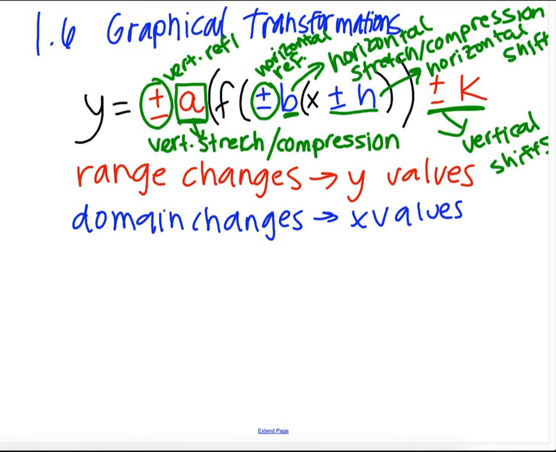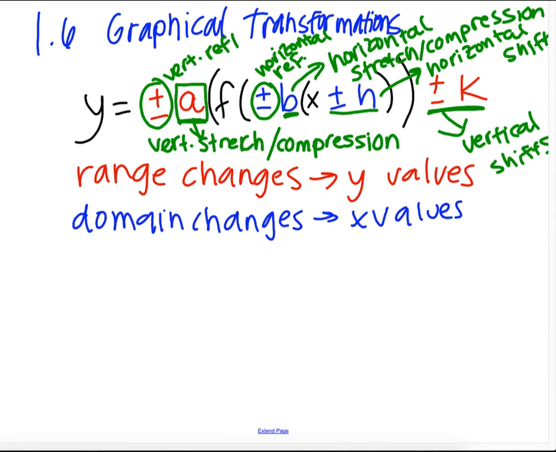I know it's all crammed in there, but I can see what each little part is. If you're multiplying by something, it's going to stretch or compress it, horizontally or vertically. If you're adding or subtracting something, it's going to shift it horizontally or vertically. And if there's negatives out in front of those stretches and compressions, it's going to do a flip somehow.